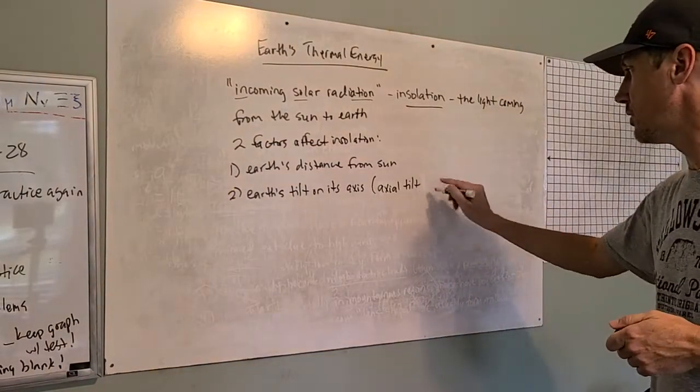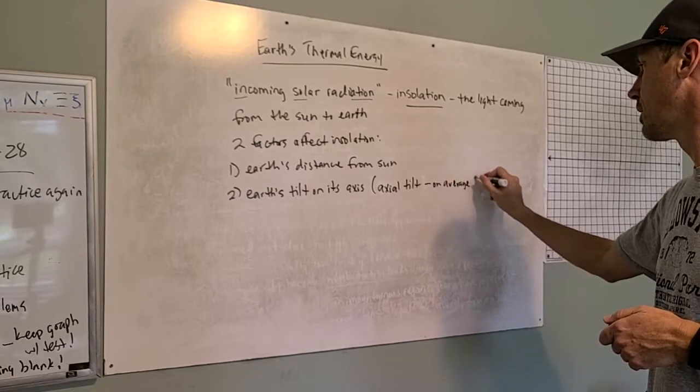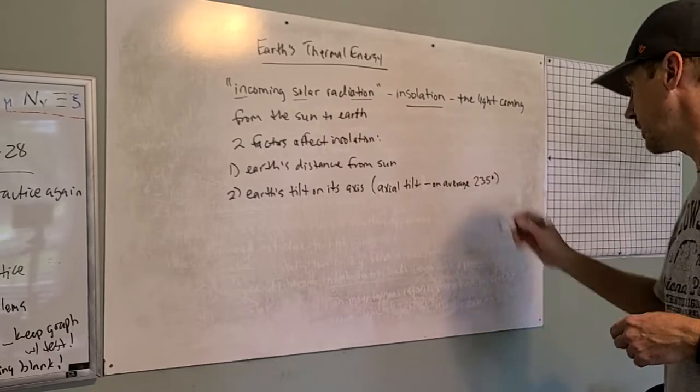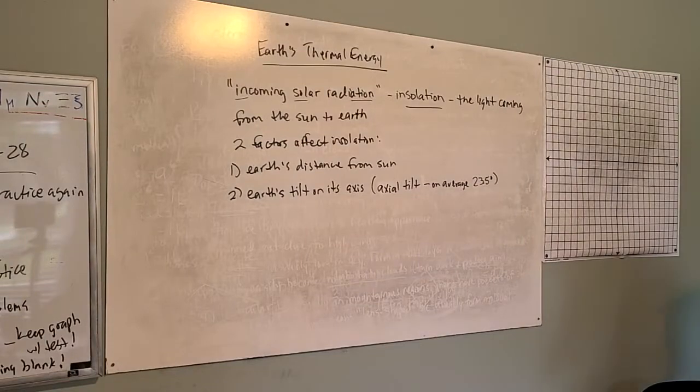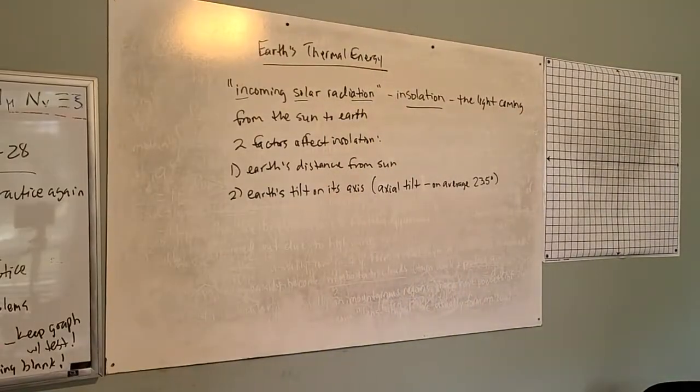And this is on average 23.5 degrees. That's how much the Earth is tilted on its axis. I'm going to go get a globe. Let me go grab that real quick.